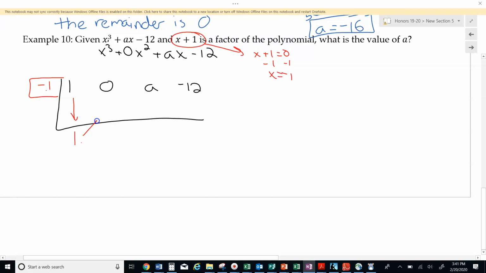Negative 1 times 1. 0 minus 1 is negative 1. Negative 1 times negative 1. Right? And negative 1 times negative 1 gives me 1. And then I get a plus 1. Negative 1 times a is negative a. Negative 1 times 1 is negative 1. Then I have negative a minus 13.